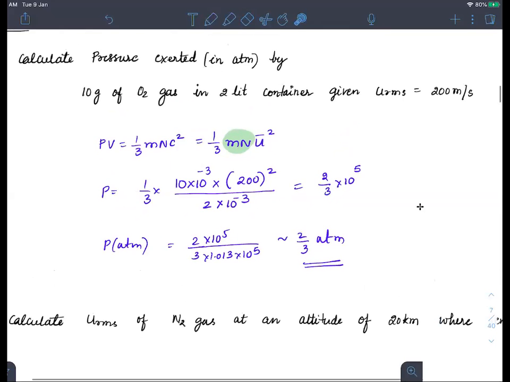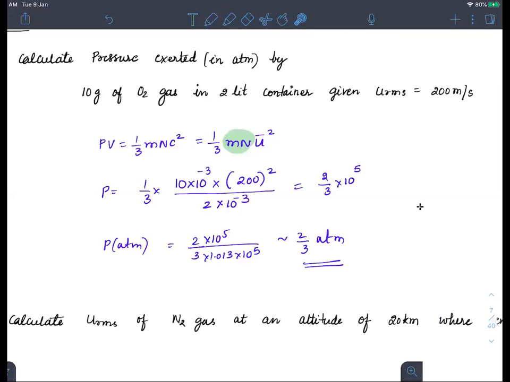Okay, check, beta. We know the equation PV is equal to 1 by 3 mn c square. 10 grams of O2 means this is the total mass of O2 in the system. Total mass is nothing but the mass of a single molecule multiplied by the total number of particles. So m into n is the total mass of the gas, given as 10 grams.